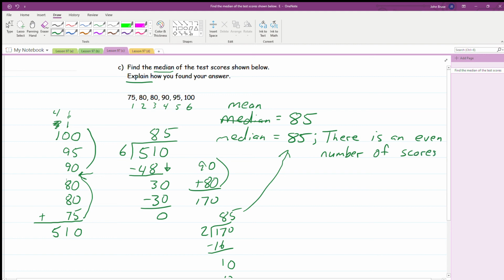So there is no one middle number or middle score. So there is no middle score.